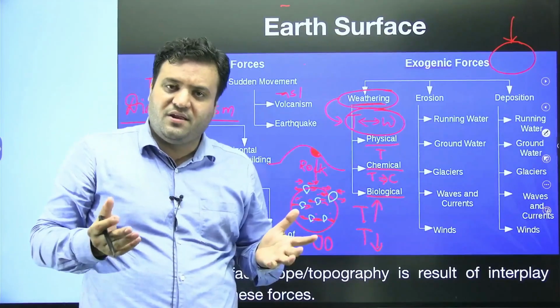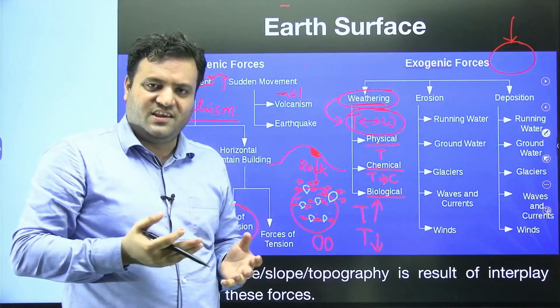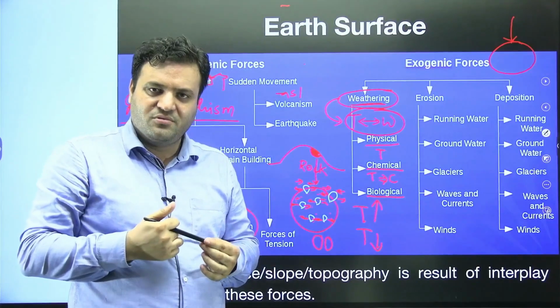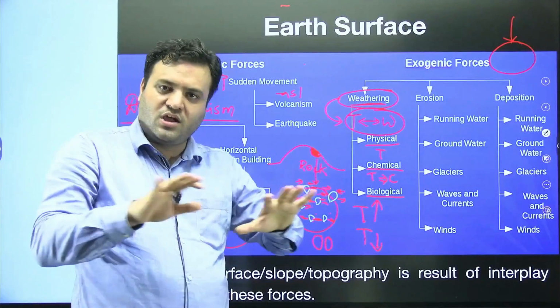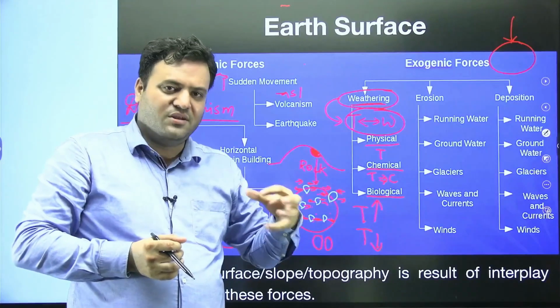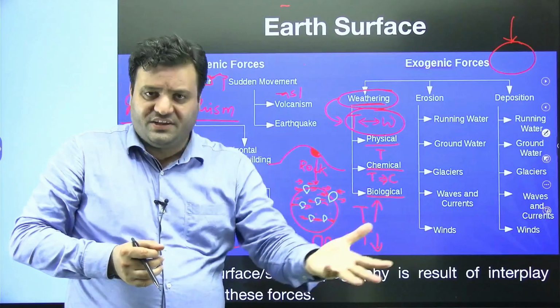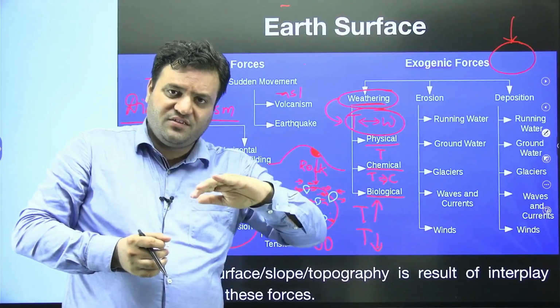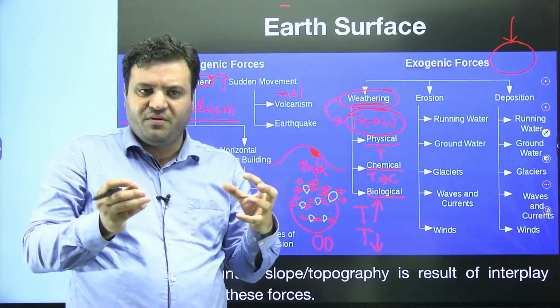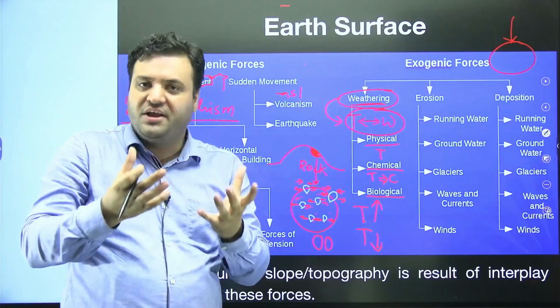Suppose you are on a vacation and you are roaming, let's say in Kerala or Tamil Nadu. There we have a rocky part, the plateau is there. And suppose you are putting your food waste on a rock. When there is food waste on a rock, some organisms will decompose it.